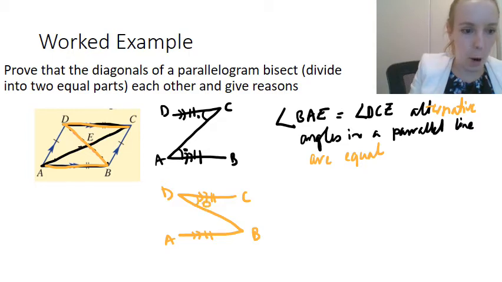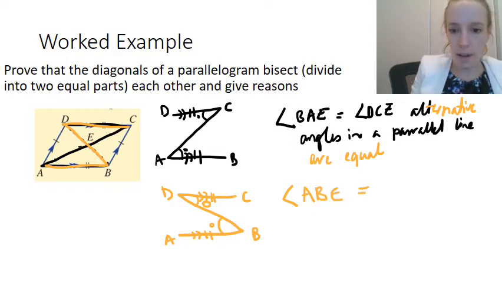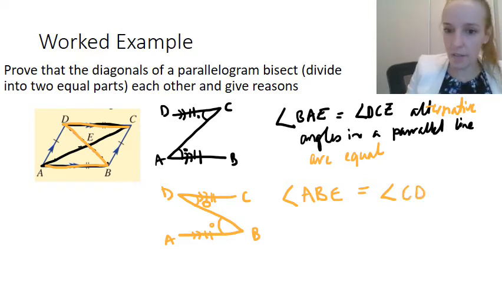So we'll do that big open circle, and here these angles should also be equal. So that way our angle ABE is equal to our angle CDE. And again, that's because alternate angles in parallel lines are equal.